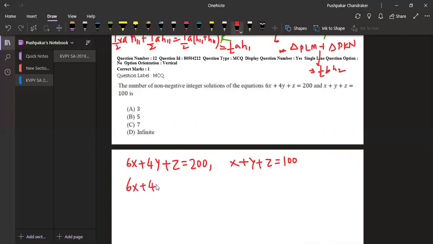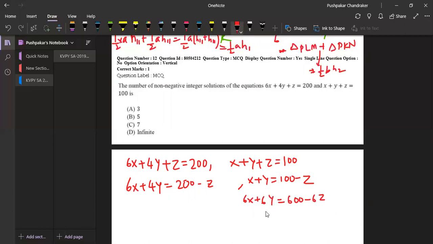I can write 4x plus 4y equals 200 minus z, and this one I can write here, x plus y equals 100 minus z. Now try to find x and y in terms of z, because we can find the answer in terms of one of the variables. So you can multiply this equation by 6. So you get 600 minus 6z. Subtract both equations.